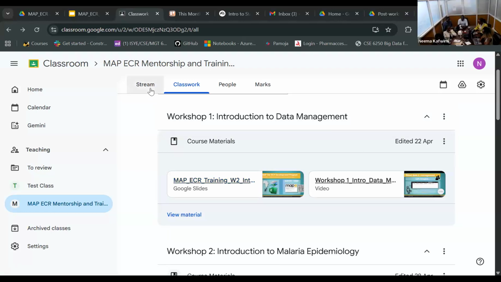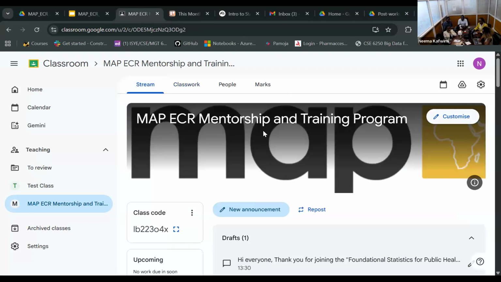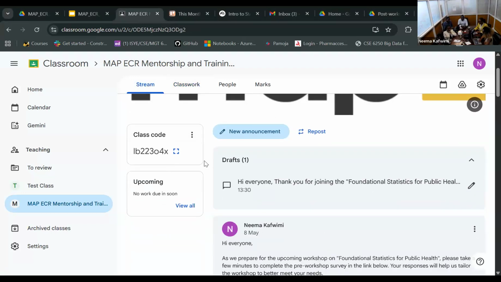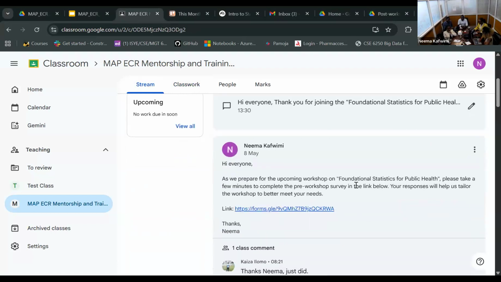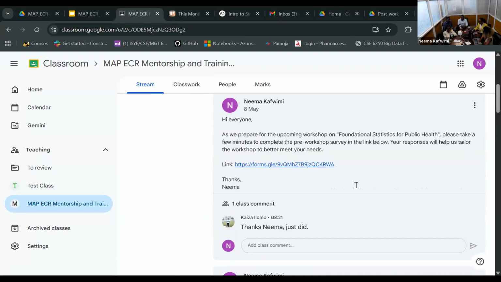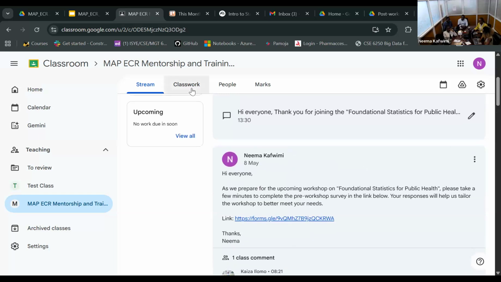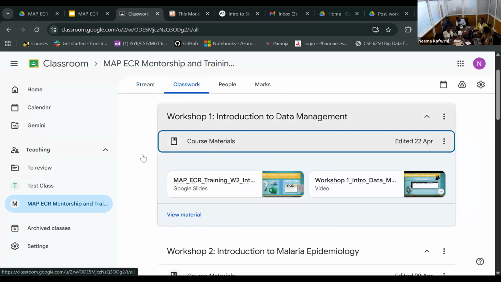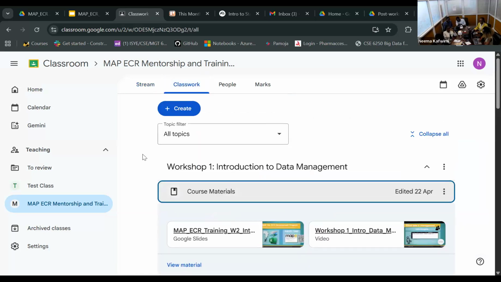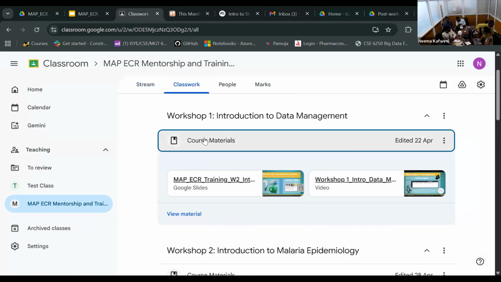When you go into the classroom, the first page that opens up is the stream tab. Here you'll see the different assignments and announcements as well. For example, whenever we post out the workshop surveys, either the pre or post, this is where they will appear. If you go into the classwork tab, this is where you'll see the different modules. For the workshops that have already been covered, there are course materials uploaded.